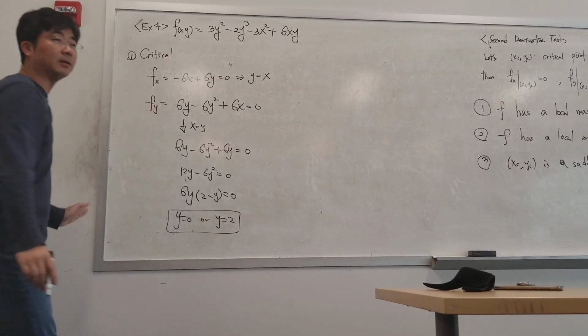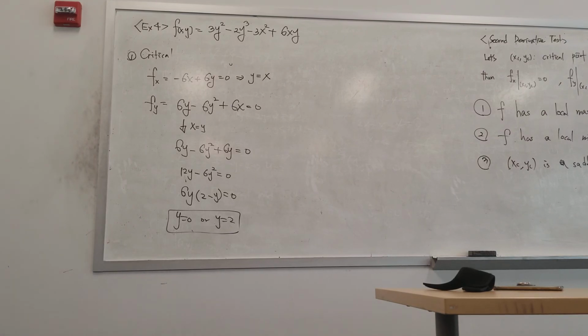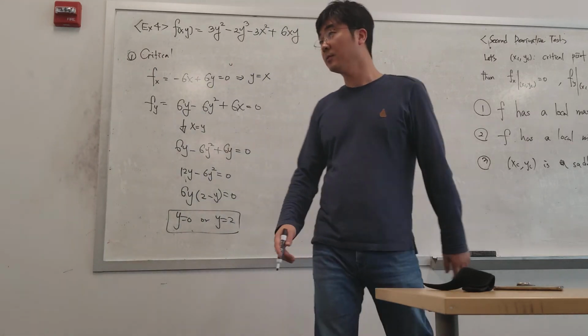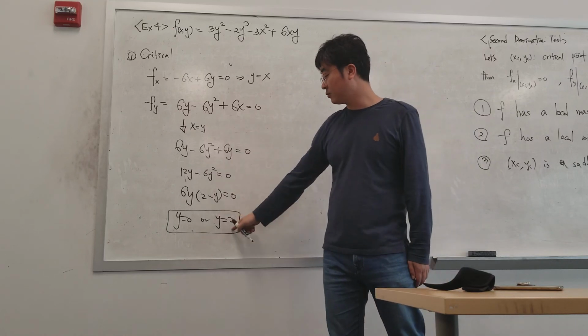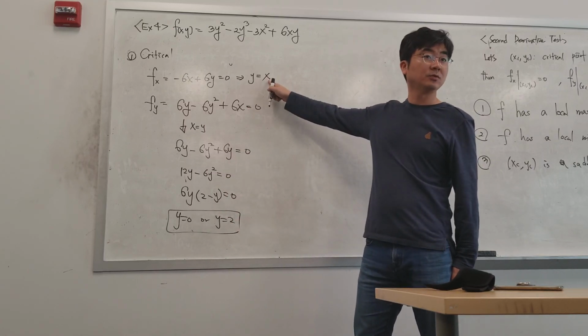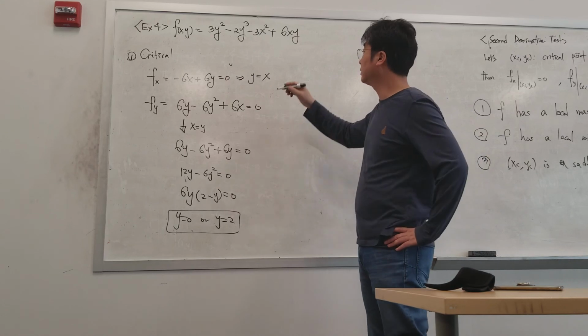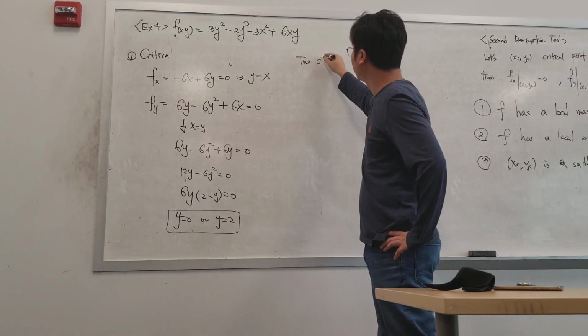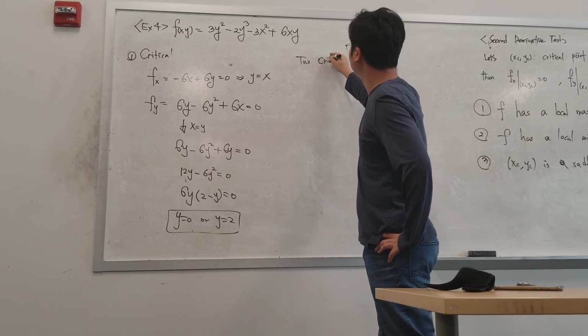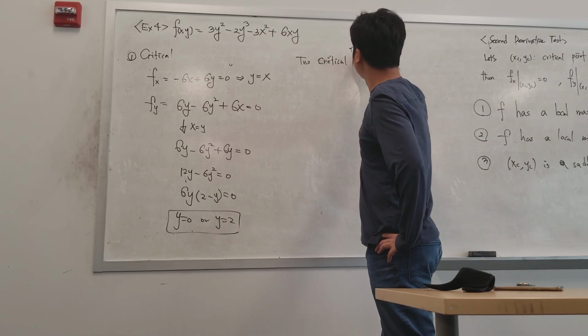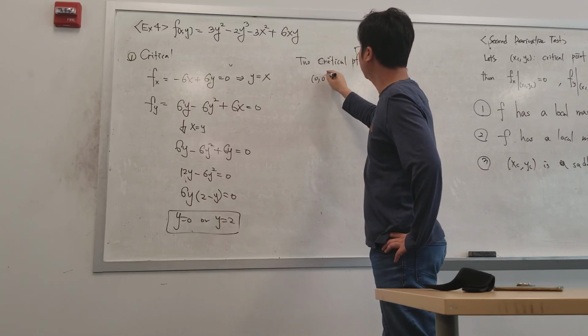We have two y values. When y equals 0, by this relationship, x must be 0. When y equals 2, x must be 2. Right? So we have two critical points: (0, 0) and (2, 2).